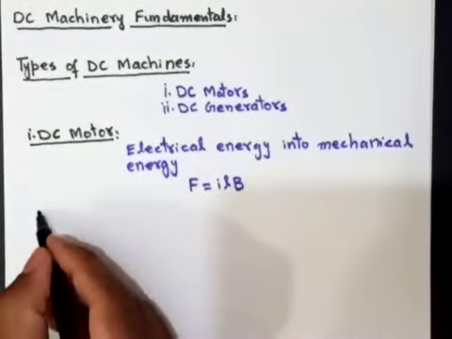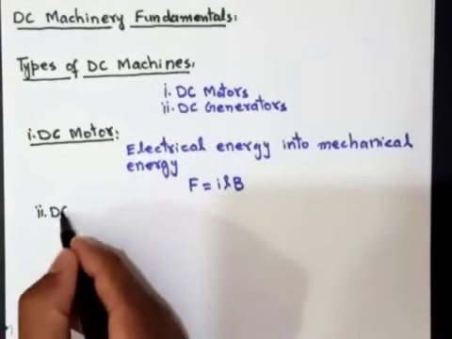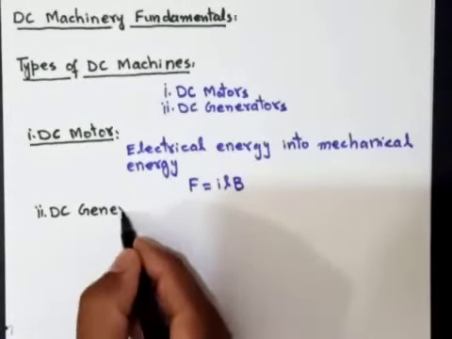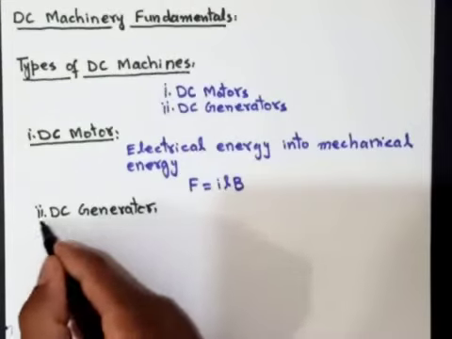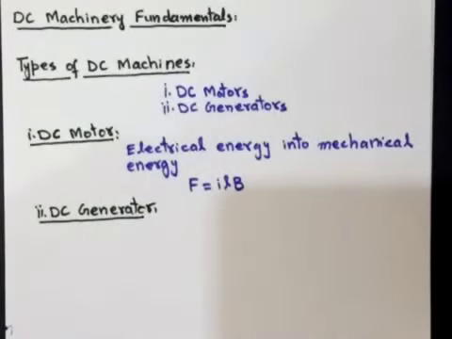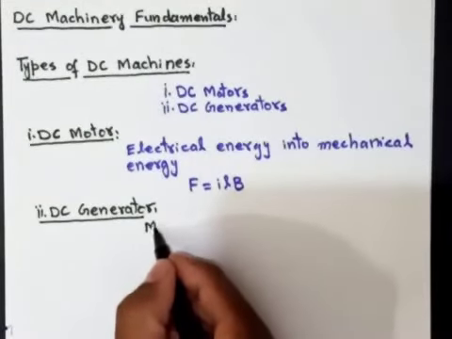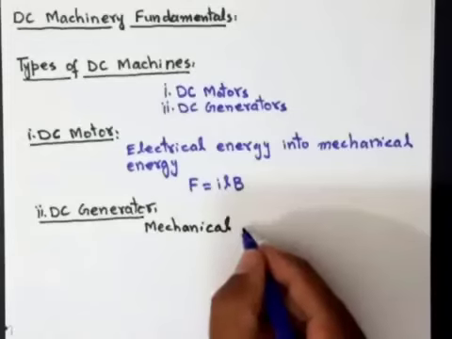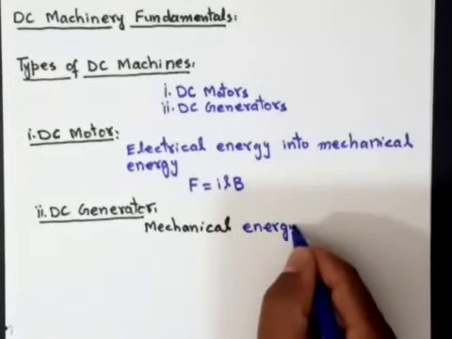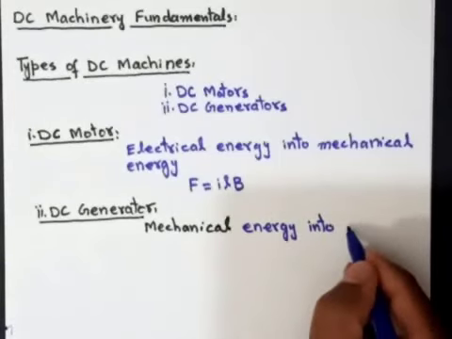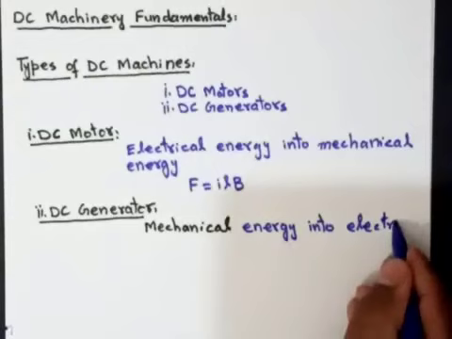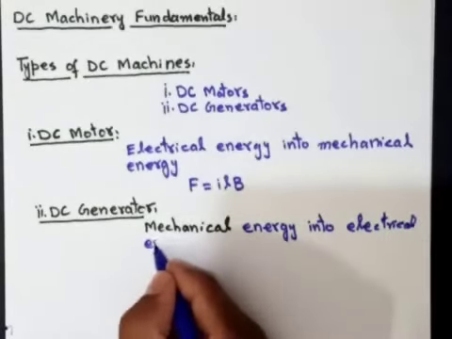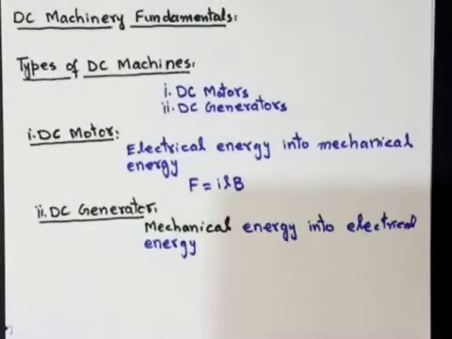The type number two is DC generator. DC generator is a machine which converts mechanical energy into electrical energy.